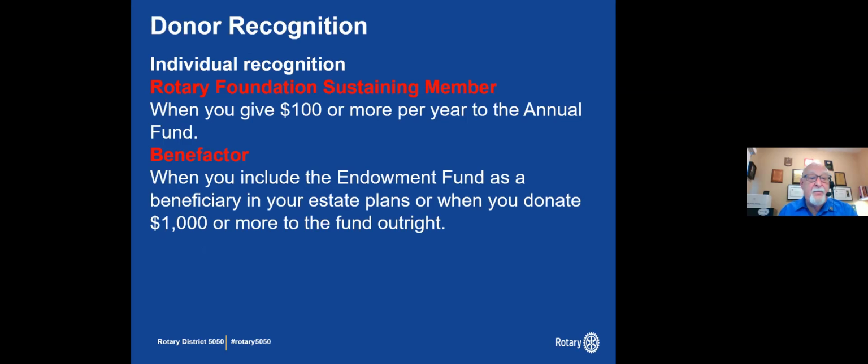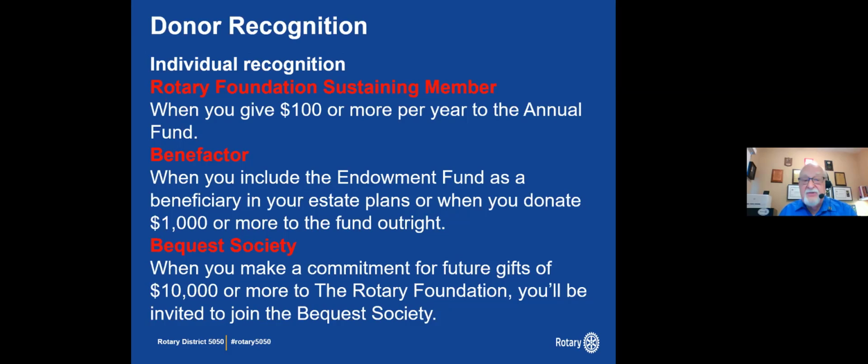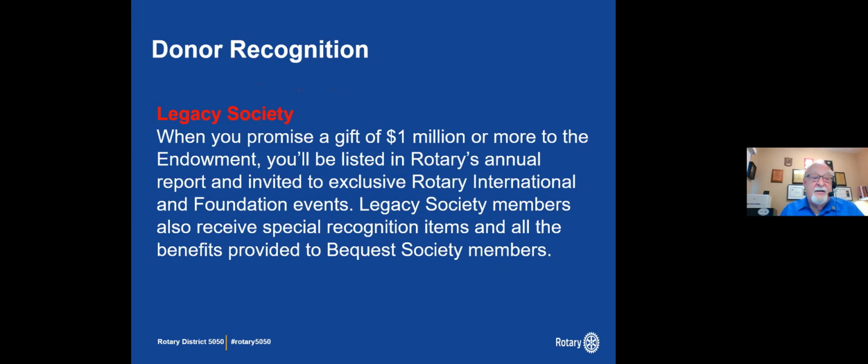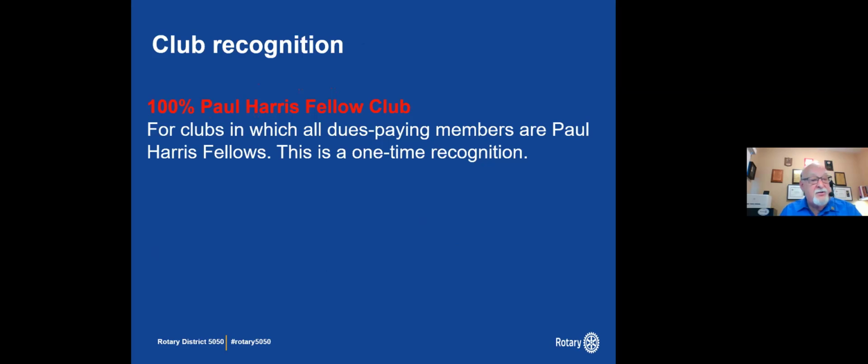Recognition containing member, benefactor, bequest society, Arch Klumph Society, $250,000, and we have a number of those in our district. Legacy Society, and then you get into the club recognition.